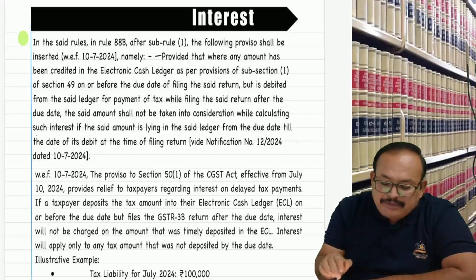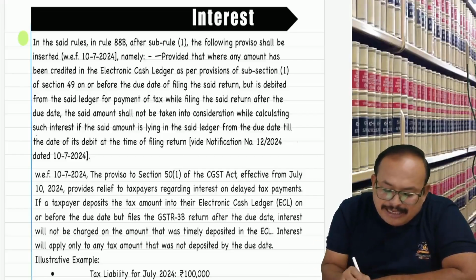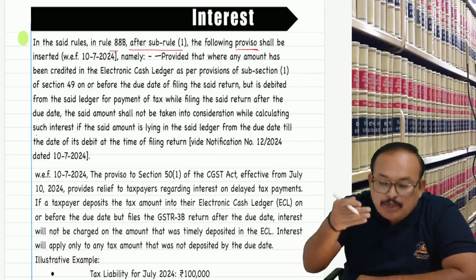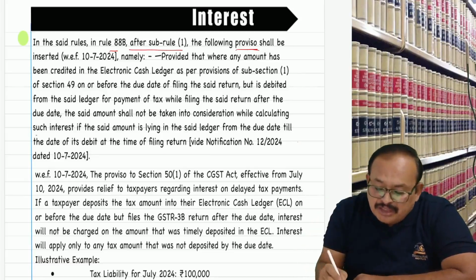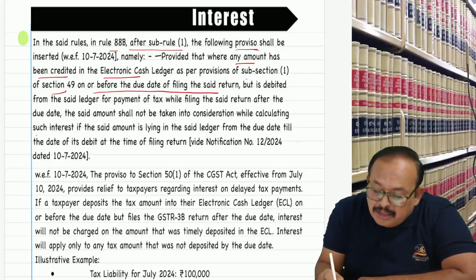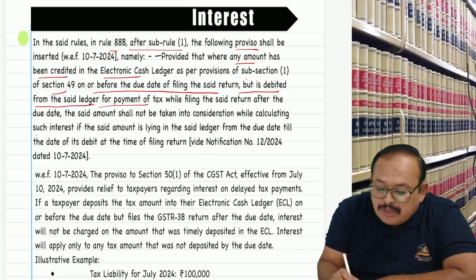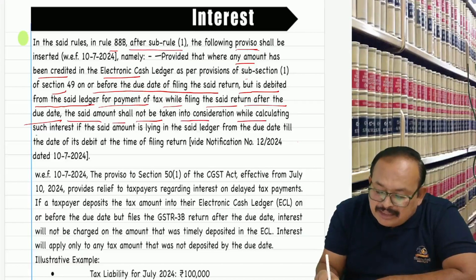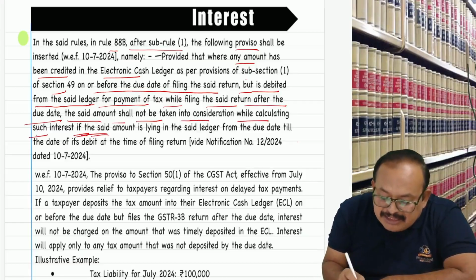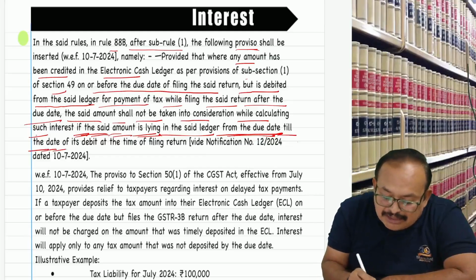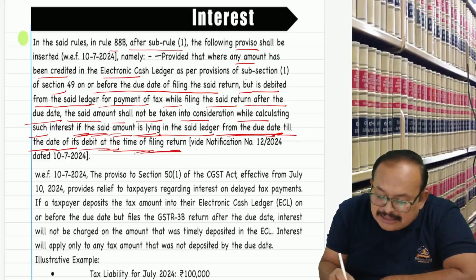Because a clear reading of the said rule, rule number 88B, after sub-rule 1, the following proviso means: where any amount has been credited to the electronic cash ledger as per section 49 on or before the due date of the said return, but is debited from the said ledger for payment of tax while filing the said return after the due date, the said amount shall not be taken into consideration while calculating such interest, if the said amount is lying in the said ledger from the due date till the date of its debit at the time of filing the return.